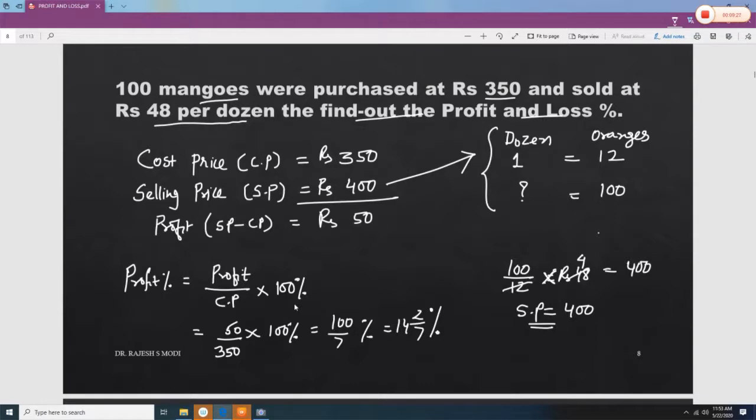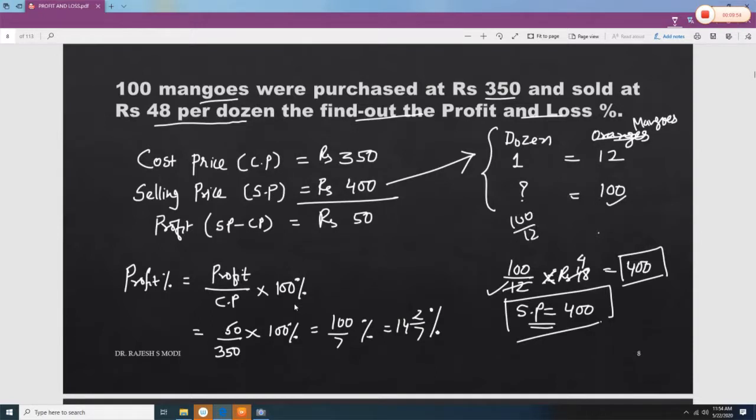Now 1 dozen is equal to 12 mangoes, and he purchased 100 mangoes. So how many dozen? Dozen is equal to 100 multiplied by 1 divided by 12.